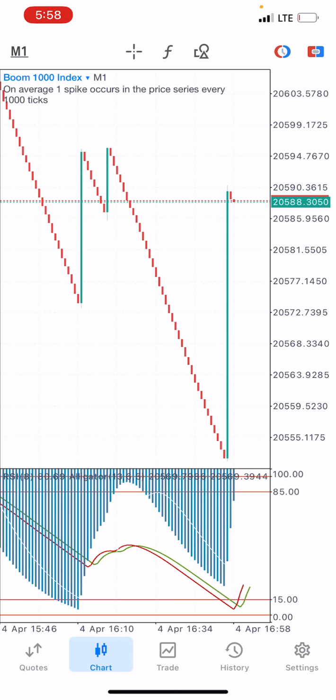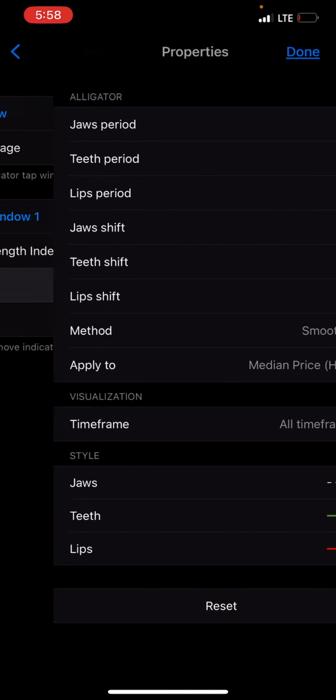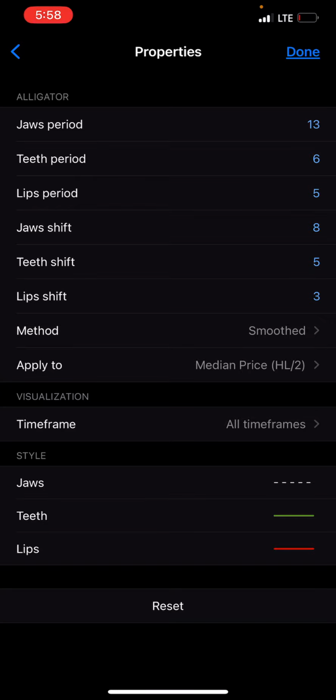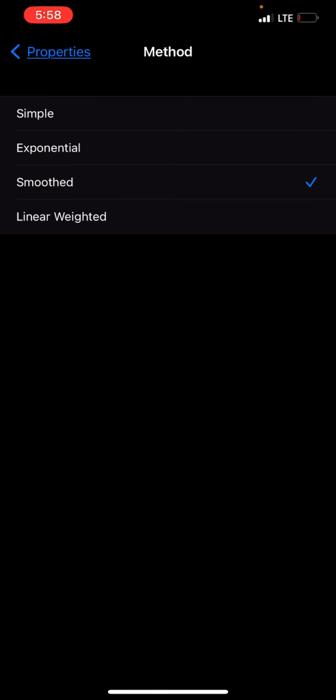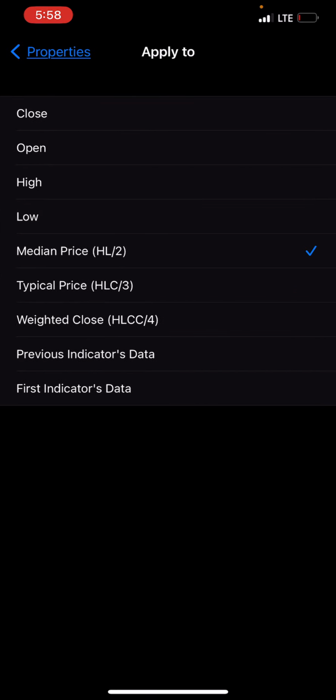Okay, then you go back again, you click on alligator. The jaws period is 13, teeth period is 8, lips period is 5; jaws shift 8, teeth shift 5, lips shift 3. You can screenshot them. The method is smoothed, applied to median price.